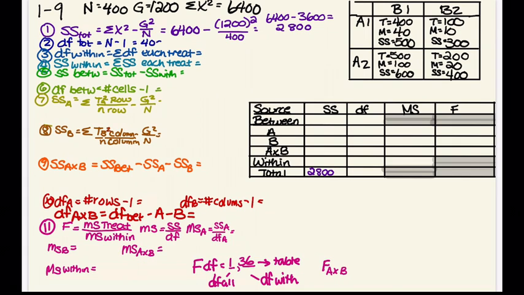Next, we'll calculate the degrees of freedom total by subtracting 1 from the total amount of participants in the study. Next, we'll calculate the degrees of freedom within by adding up the degrees of freedom within each treatment. Since each treatment has 100 participants, n minus 1, which is our degrees of freedom, will be 99.